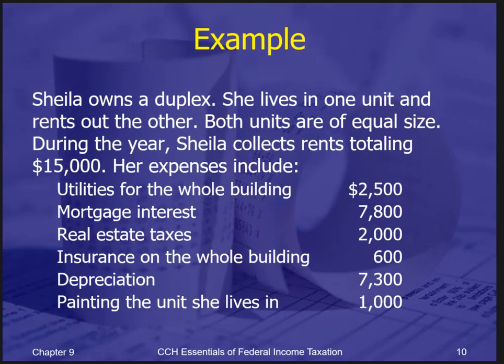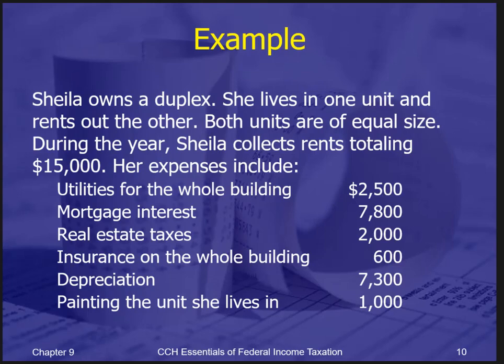Okay, so looking at an example, we've got a duplex, both sides are equal size. How you split the costs generally is based on size. However, you could use, say, relative market value. For instance, the bottom level of a business would be maybe more valuable than the upper level because it's right on the street level, and therefore you could allocate more expenses to the bottom than the top.